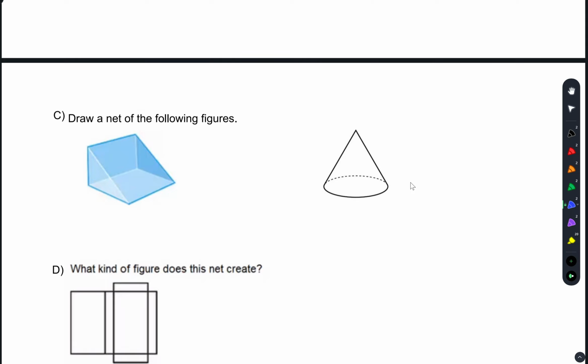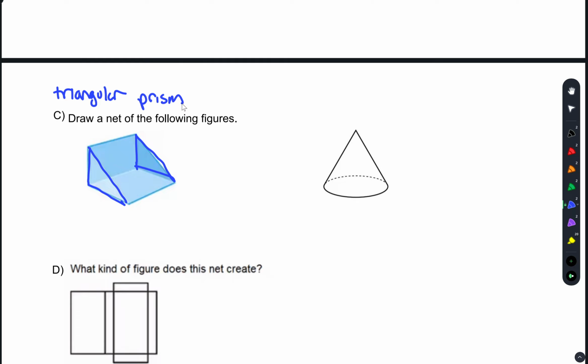So in this case, I see these two triangles. I know that these two triangles have to be the bases of my figure because regular faces cannot be other shapes. So those two triangles are the two bases. I have two of them, which tells me this is going to be a triangular prism.